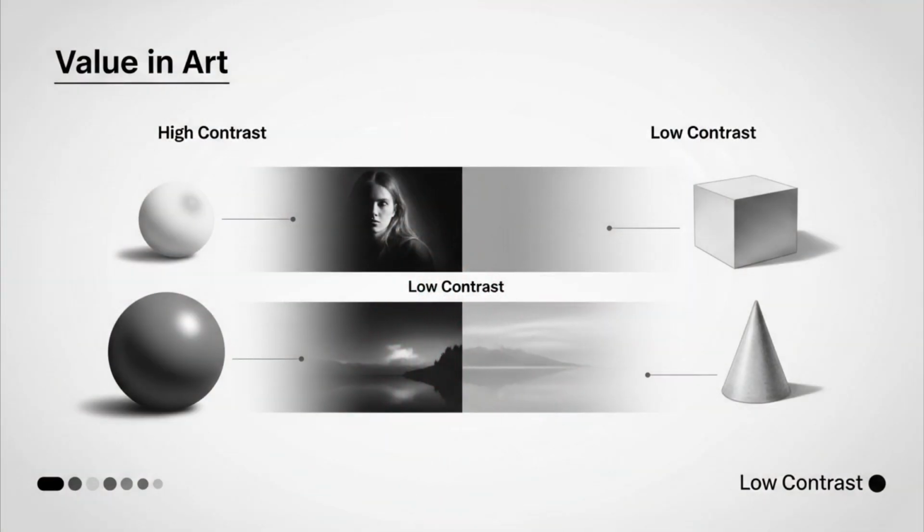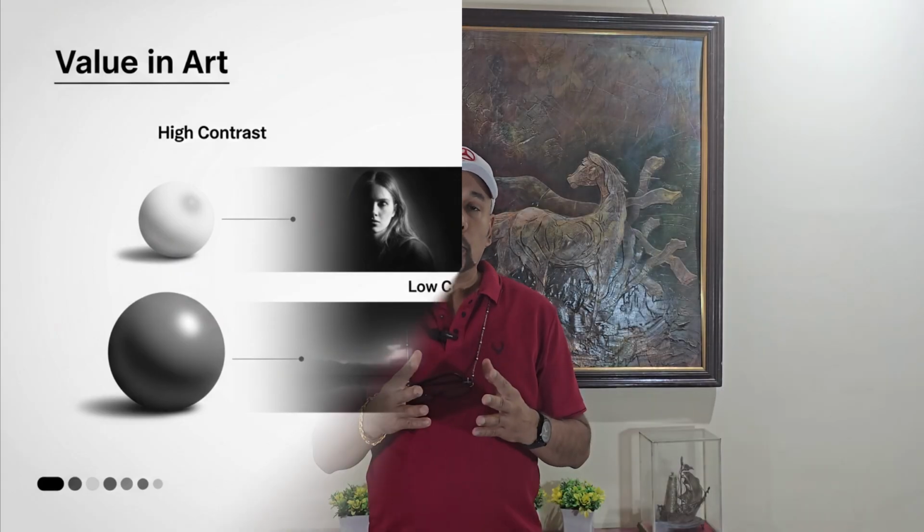Now I am coming to value. Value refers to the lightness or darkness of a color or tone. It is what allows us to see contrast, depth and mood in an image. Artists use shading, highlights and gradation to model form and create atmosphere.